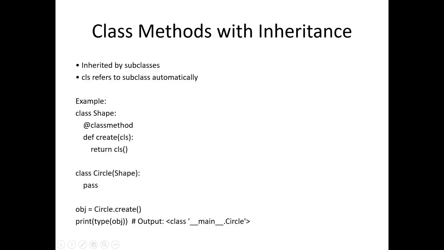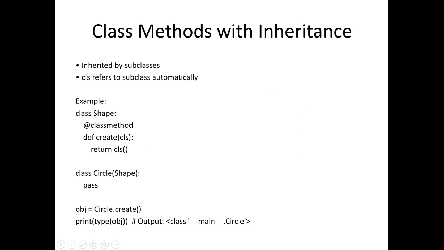Class methods with inheritance. Class methods, on the other hand, are polymorphic, meaning they automatically know which subclass they are being called from. When you call a class method using a subclass, the cls argument refers to the subclass itself. This makes it easy to create subclass instances dynamically. So let's understand this as well.